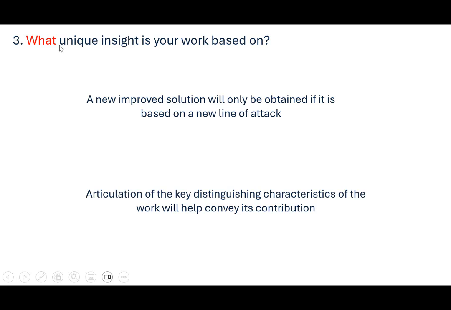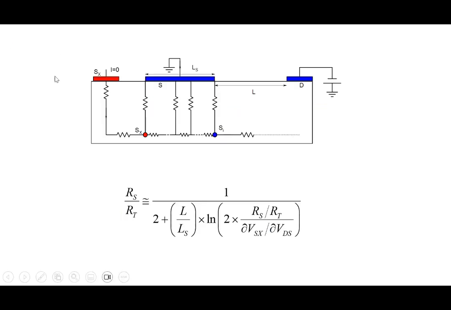Now, once you have done that, once you have talked about the importance of the problem, once you have talked about what others have done, their strengths and weaknesses, and you have talked about the uniqueness of the approach you are taking, you come to the example of contact resistance.